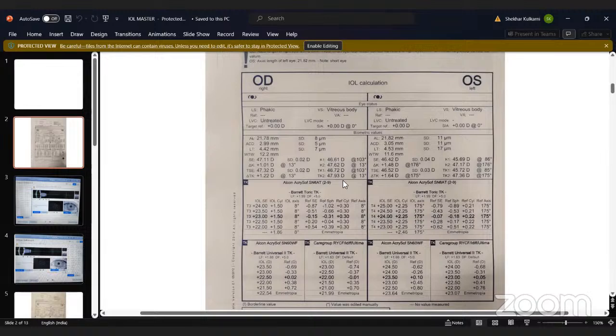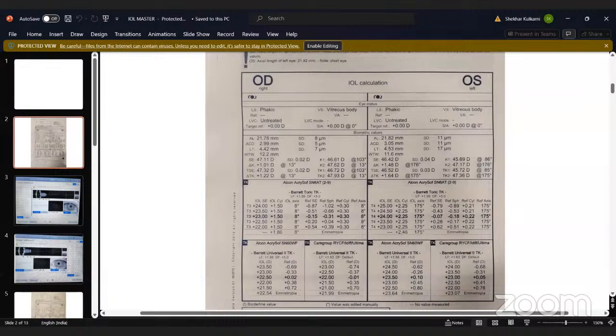You can calculate 47.93 and 46.72. Now the total PK value is considering the posterior corneal curvature also, which comes out to be plus 1.22 diopters on 13 degrees axis. This is the steepest axis which is there.